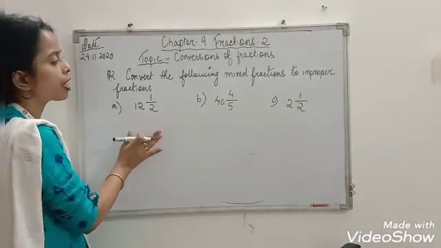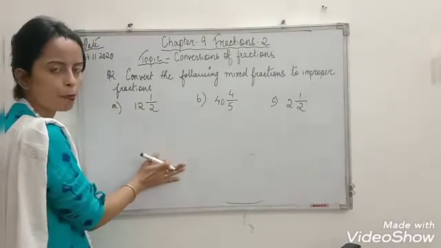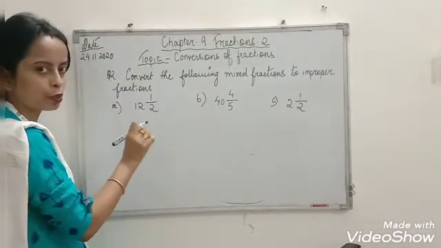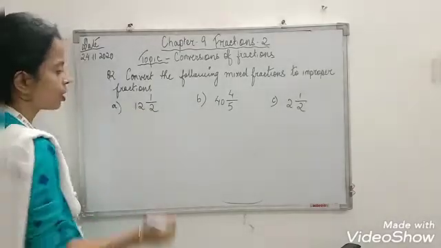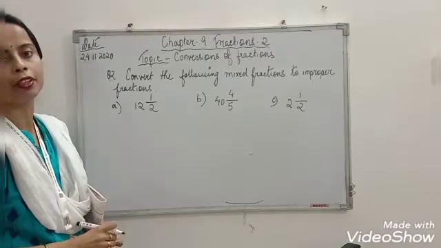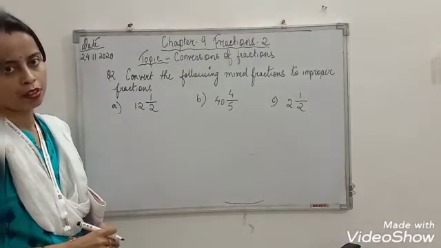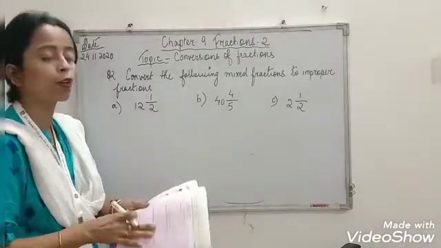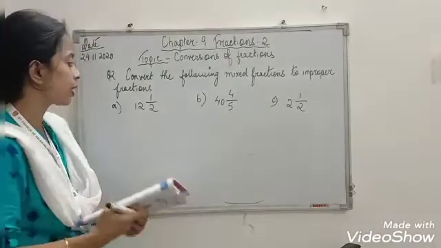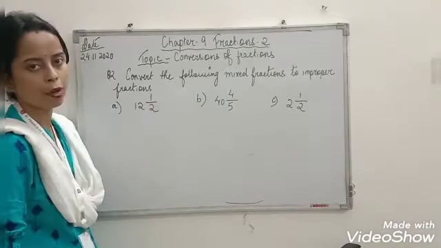So to convert mixed fraction to improper fraction, the steps are: first, you have to multiply the whole number by the denominator. Then you have to add the numerator.